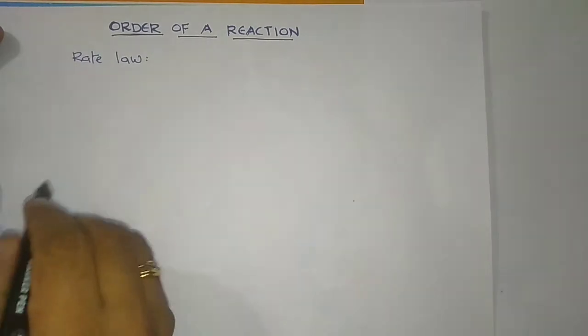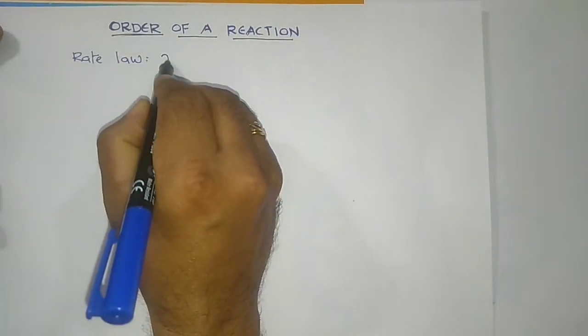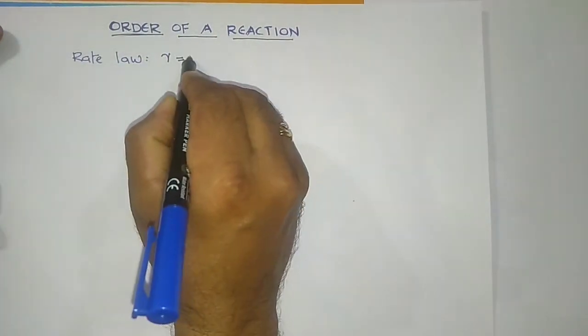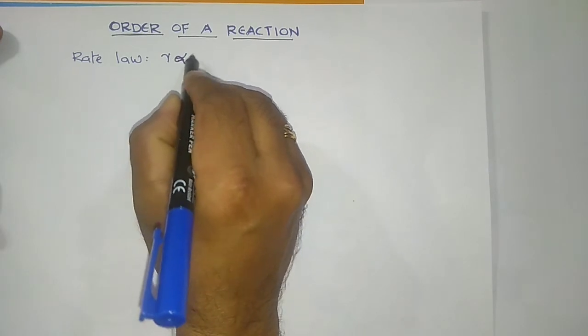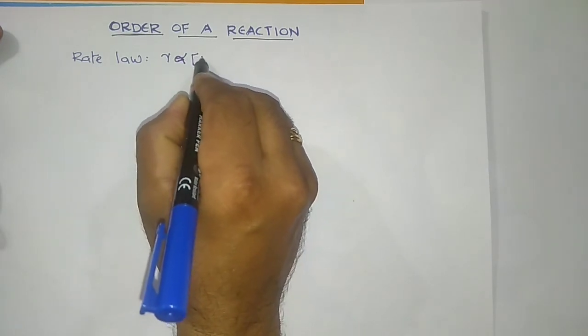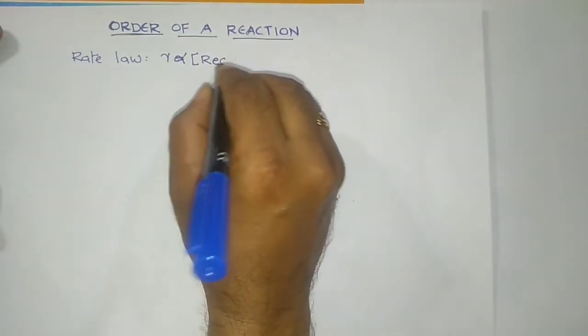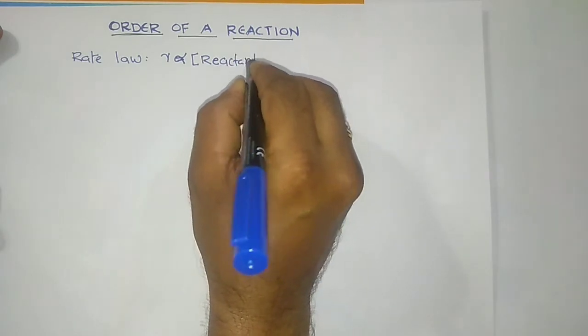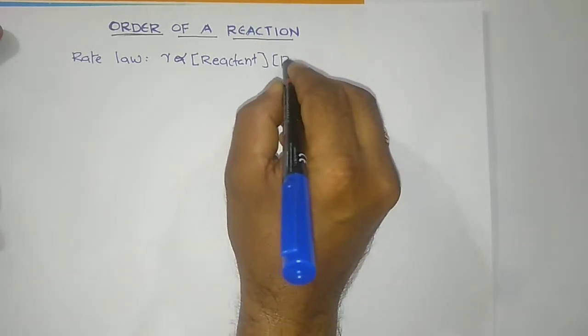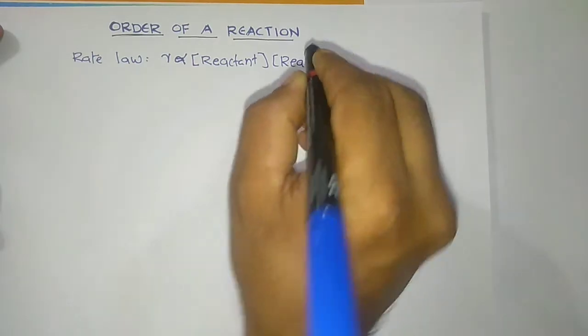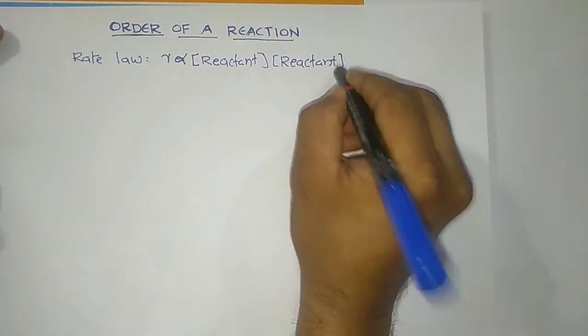Rate law means the rate of a chemical reaction is directly proportional to the product of molar concentrations of the reactants. Okay, this is rate law.